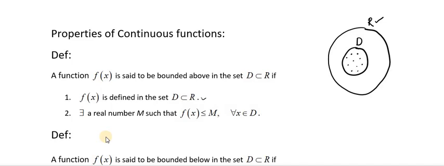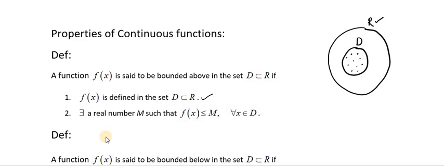First condition is f of x is defined at these real numbers. That means if you substitute any one of these real numbers in the place of x in f of x, we need a finite value.